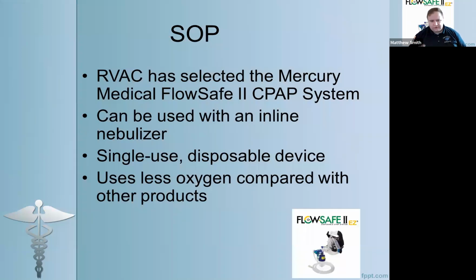All right, so in terms of our standard operating procedure for this, we have selected a device called the Mercury Medical FlowSafe 2EZ. It comes with a nebulizer, so you can nebulize medications, your albuterol, your ipratropium with it. It is a single-use disposable device, and it uses less oxygen in comparison with other products. With that having been said, I want to tell you guys, nothing blows through oxygen like CPAP.